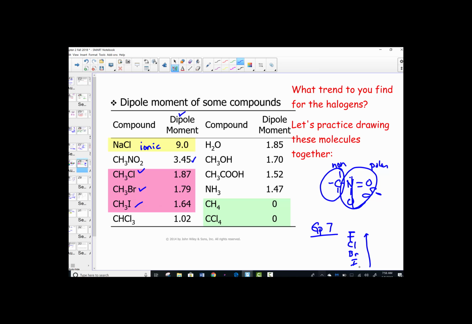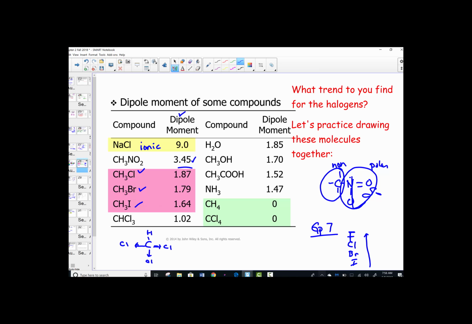The more chlorines you put on a carbon, the lower the polarity. In other words, the carbon itself now has its electrons being pulled away from it. It's polar, but it's being pulled in 3 directions evenly, so it's not as polar as if you had just 2 chlorines or just 1 chlorine.